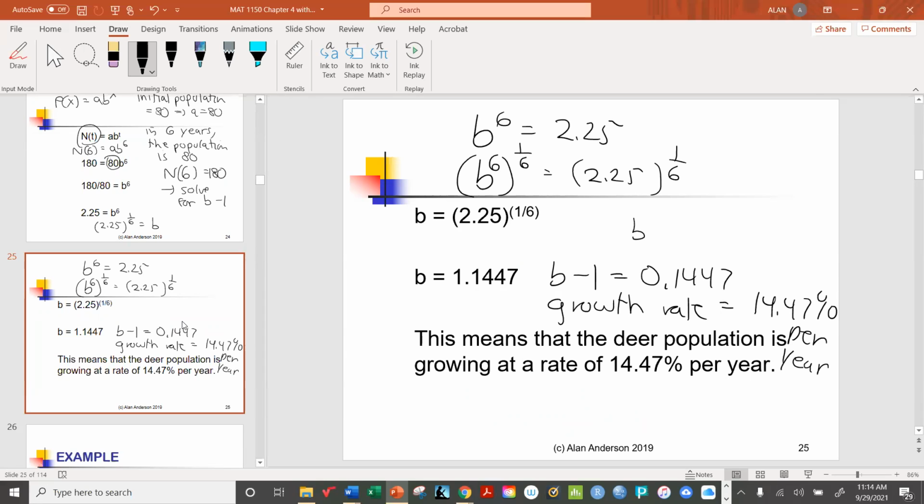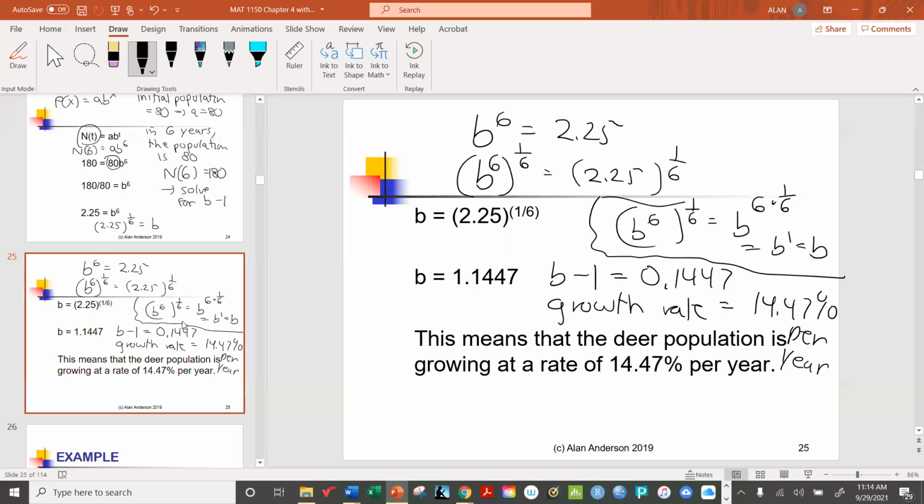But when you have something like this, this is equal to b to the 6 times 1 over 6 power, which equals b to the 1st, which is just b. So that's why I can do this. And so we end up with our answer, which is, of course, 14.47%.